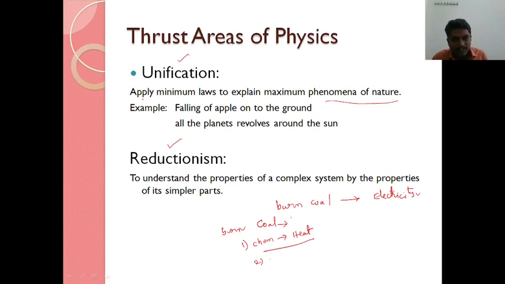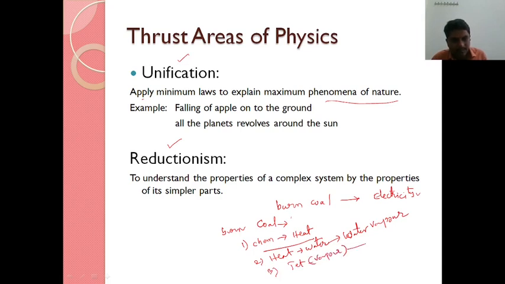Okay, and this heat is given to the water in the boilers, and that water converts into water vapor. Since water vapor has the highest capacity of heat, it can take more heat. It converts into a vapor jet, high pressure vapor.